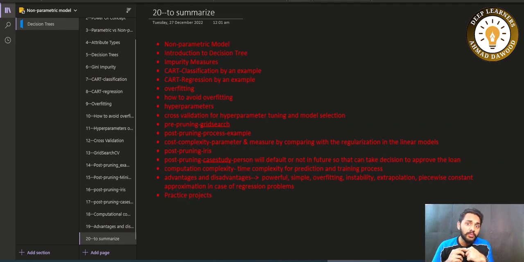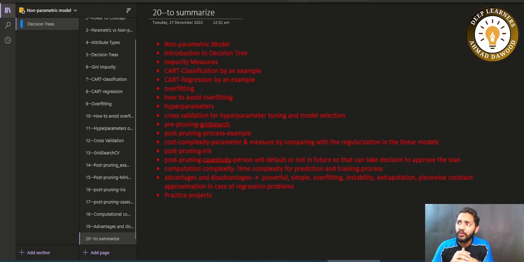But in the case of classification problems, instead of taking the mean of the samples at a particular leaf, we calculate the majority class among the samples present at that leaf. So, piecewise constant approximation in the case of regression problems.